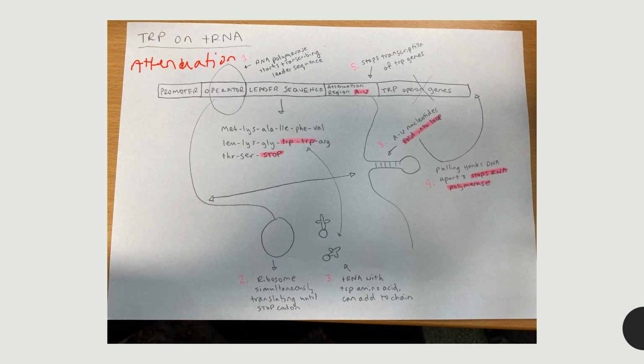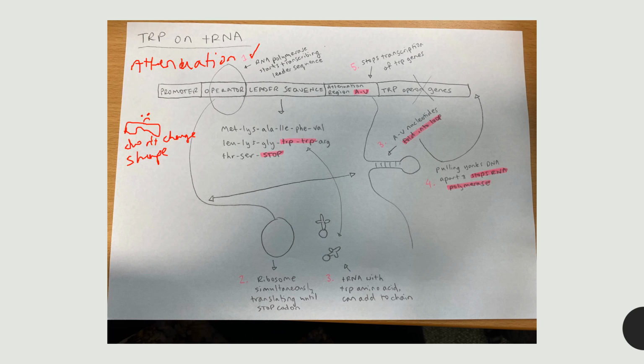So what happens is, step 1, we've got our RNA polymerase, which can start transcribing the leader sequence. This is because these repressor proteins that have been made have no tryptophan to bind to, so they don't change shape, which means they can't bind to the operator, and they can't stop RNA polymerase in its tracks.